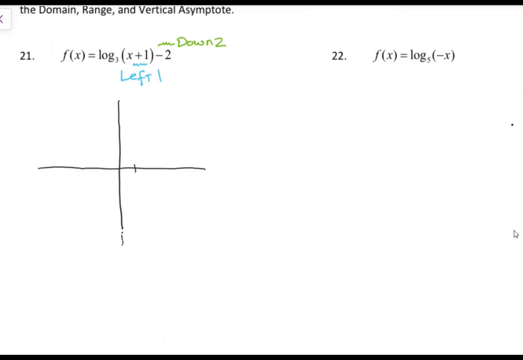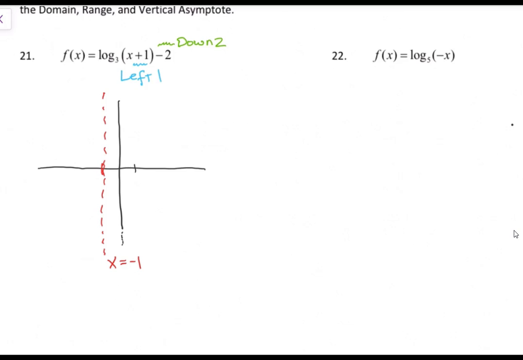Now remember, a vertical asymptote will not be affected by reflections, nor will it be affected by vertical shifts, but it will be affected if I'm shifting left or right. So this one has a shift to the left 1 unit. So I'm going to shift that vertical asymptote 1 unit left, putting it here at x equal to negative 1.